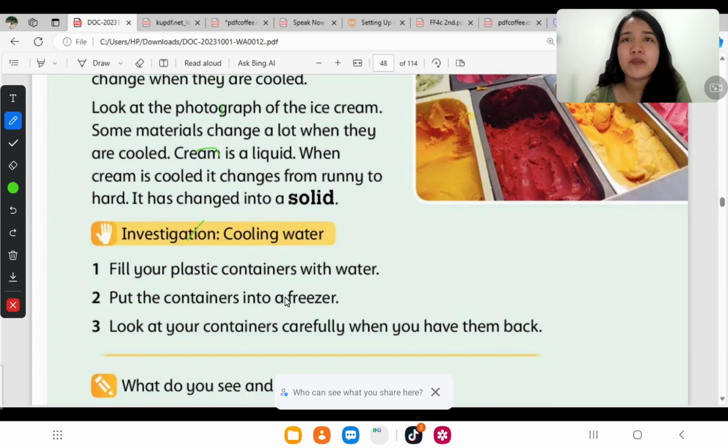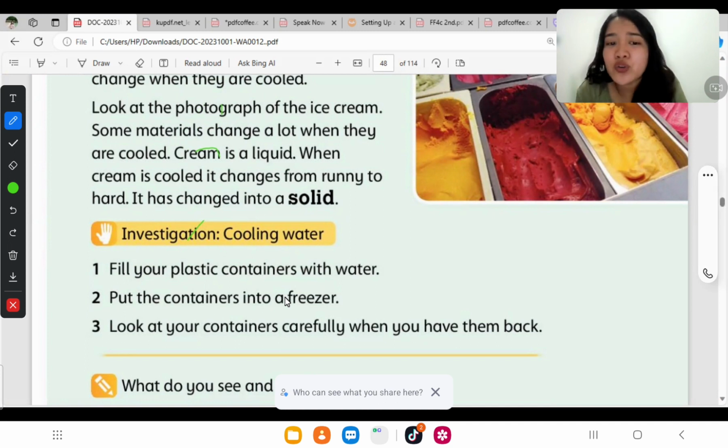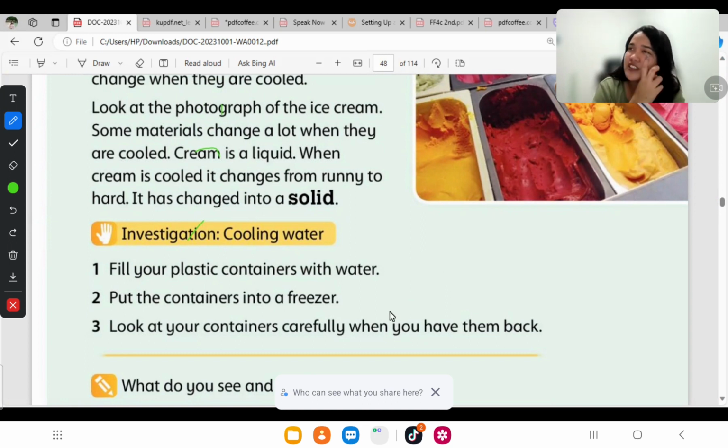For example, you put water into ice cubes in a freezer. An hour later you go back, and what happened to the water, Isabel? Is it still liquid or solid now? It became ice. Say it again: water to ice. So from liquid to solid.